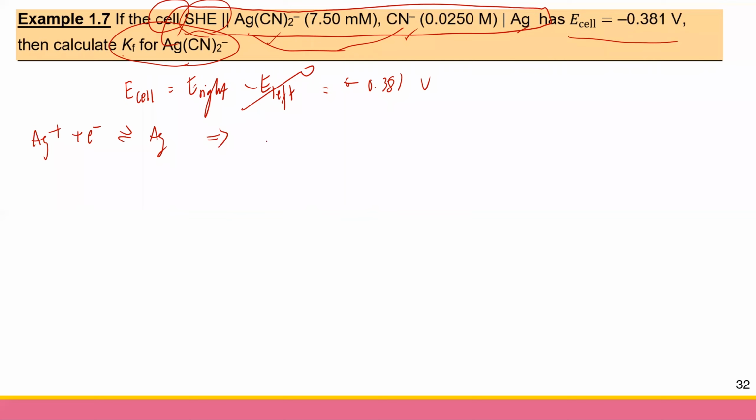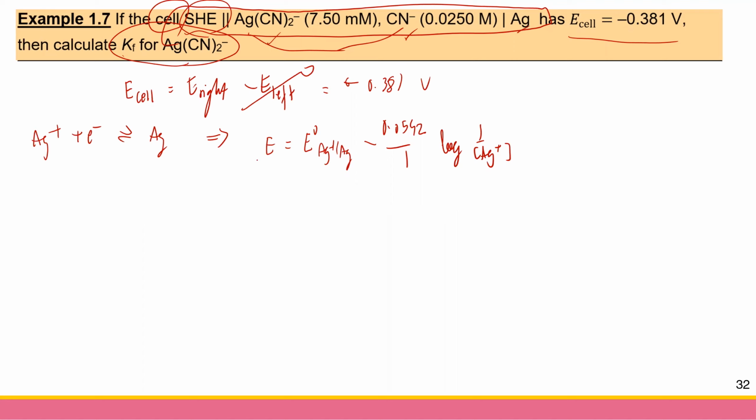This is going to be E is equal to standard E of silver minus 0.0592 over 1 log 1 over silver. And our job now is you substitute everything.